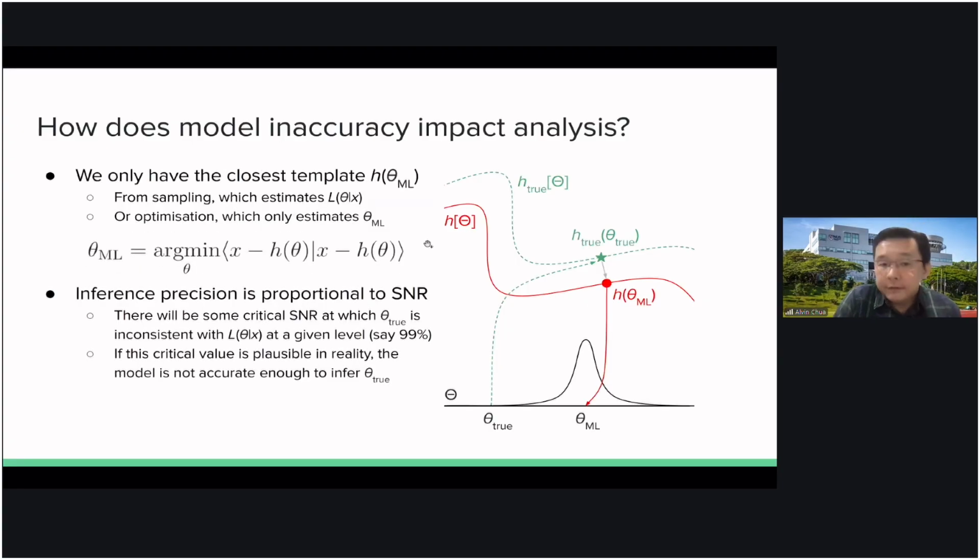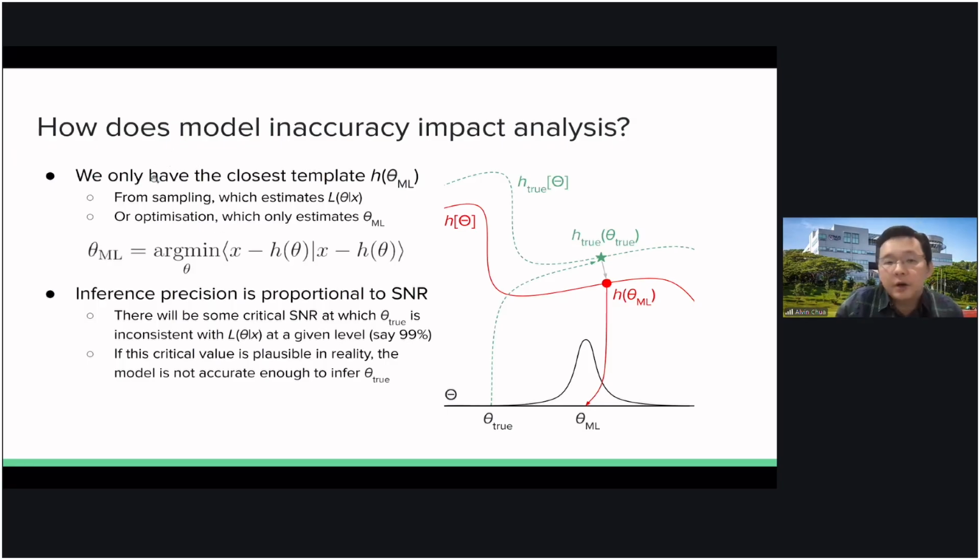Given the true signal h_true, we can only find the closest template, call it h of some parameters theta_ML. ML stands for maximum likelihood. Essentially, there are two ways of doing it.